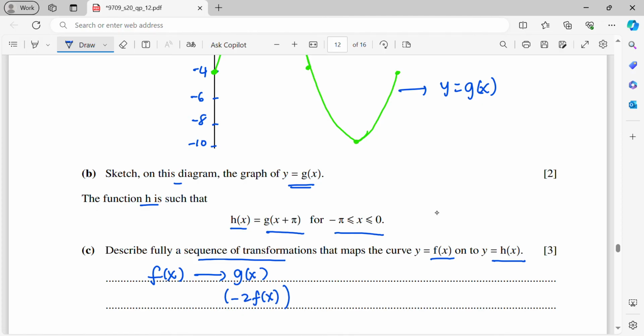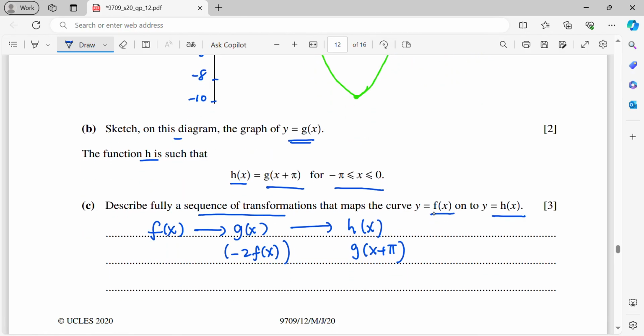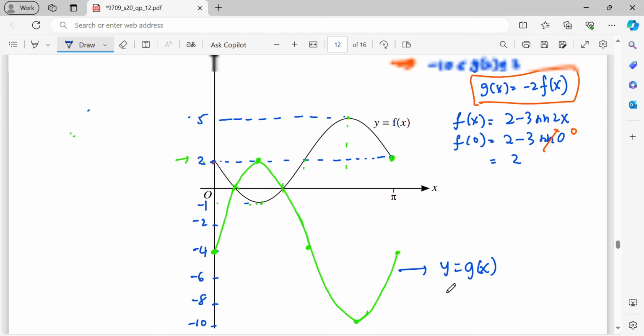Then from g(x) change to h(x), so this is g of x plus pi. Firstly, to get the g(x), that is the reflection because of minus 2. Minus 2 of f(x) is just upside down based on the graph.